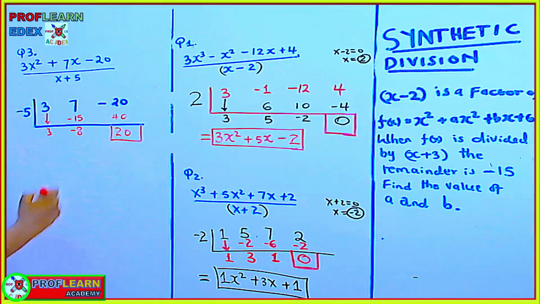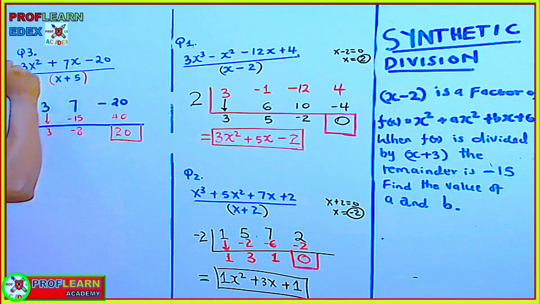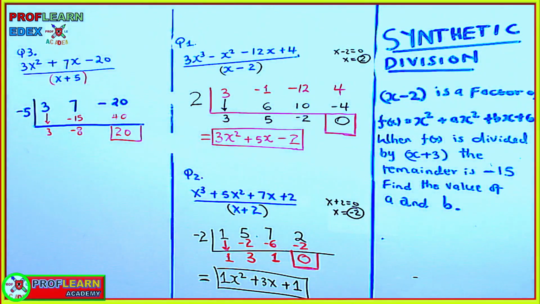So this means that this expression here is not a factor of this polynomial at that given point. So if we are writing the answer to that, what are we going to say?